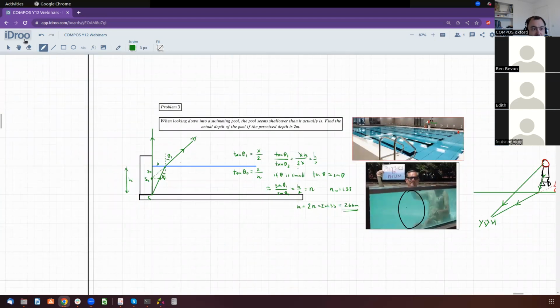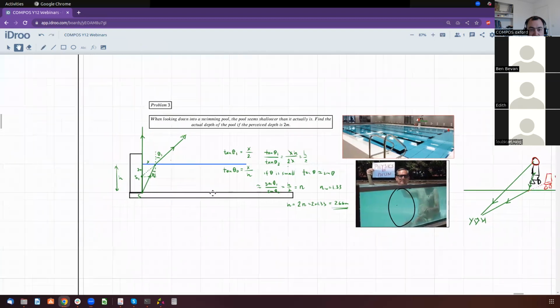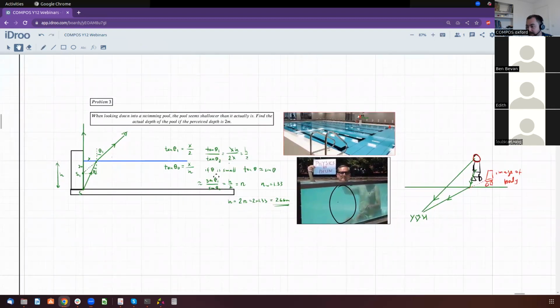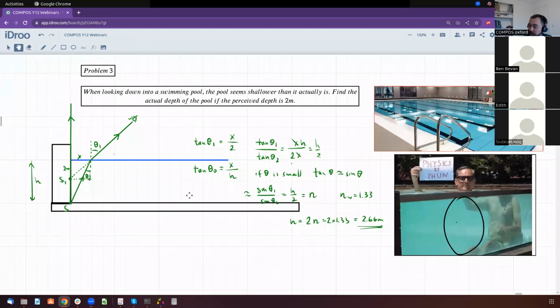So you see the swimming pool appears to be 2 meters, but the actual depth is 2.66 meters. But this is only when you view at a small angle of theta. This is when you are looking directly down into the swimming pool.